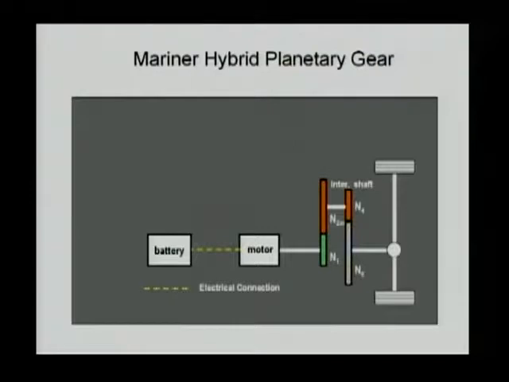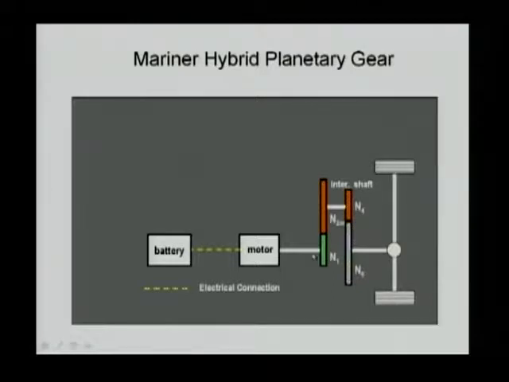This diagram is designed for the Mariner hybrid planetary gear system. Before I show the planetary gear system, I want to start with the vehicle electrical drive part. On the diagram, this is a front wheel driven system, and there is a battery and an electrical motor.